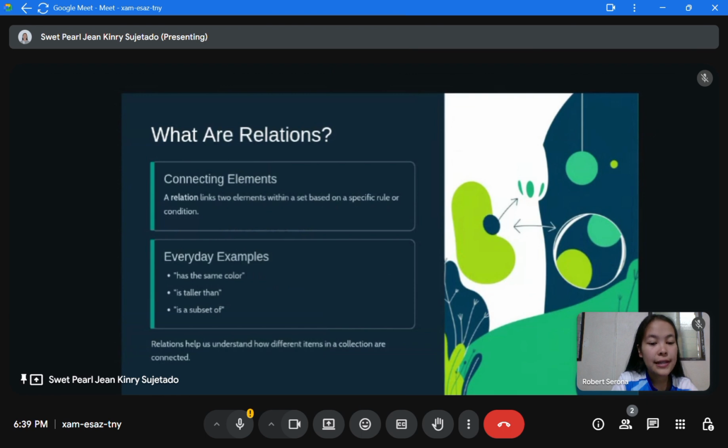The third example is sets where one is inside another, and the fourth example is students in the same grade level. All of these are ways of relating things. So a relation is just a rule that tells us who is connected to whom. Once we understand that, we can classify relations into different types like equivalence relations and partial order.